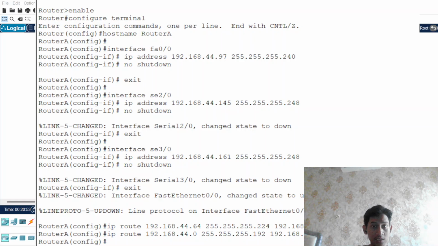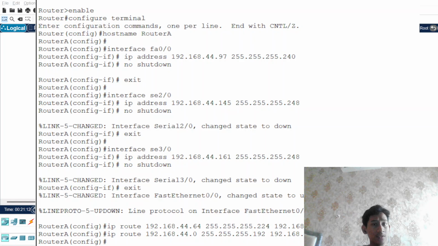After configuring the interfaces, we enabled IP routing and added static routes so that each router could reach all remote networks. It is important to note that static routing requires manual configuration, meaning every router must be informed about the networks that are not directly connected to it.